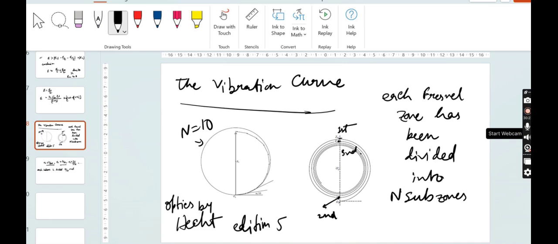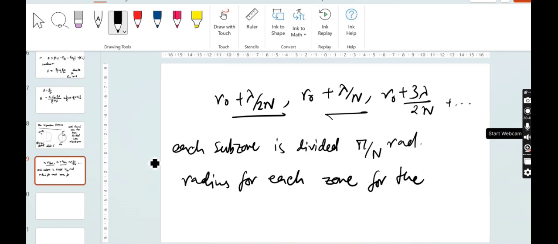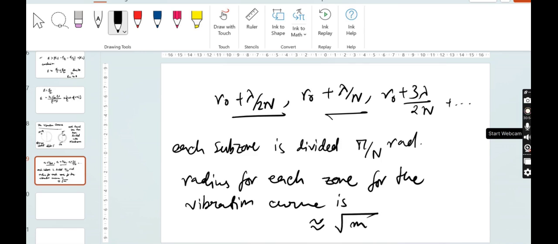So the radius for each zone in the vibration curve is proportional to the square root of the numerical designation, that is m.